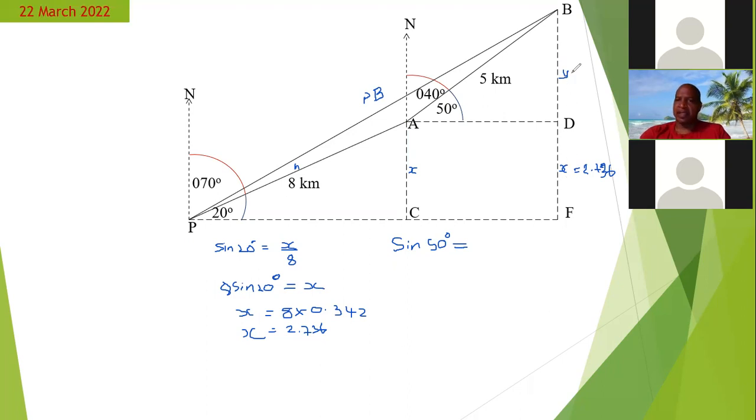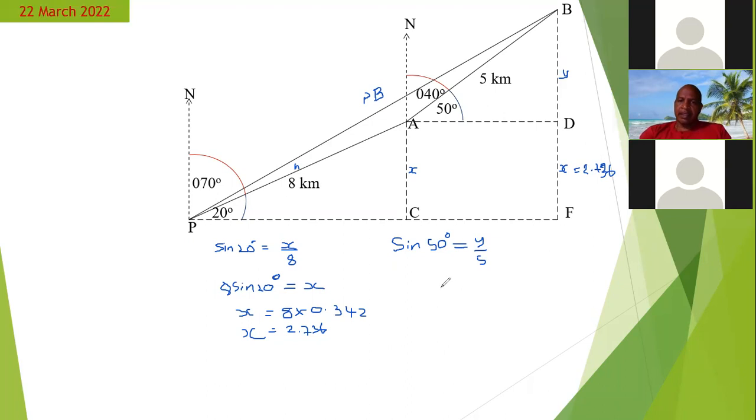We don't want to use X up here, so we're using Y. So we have Y over 5. The reason is that if we put X up here, whatever we calculate would be the same as X, so we cannot use the same variable to represent two different values, all right?